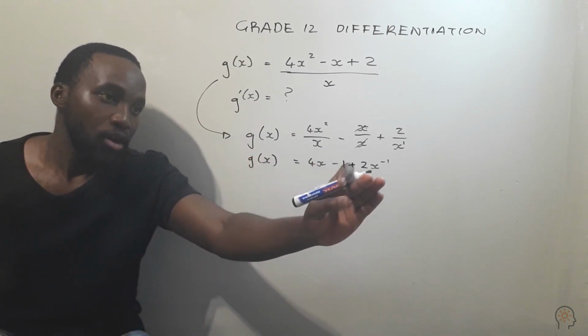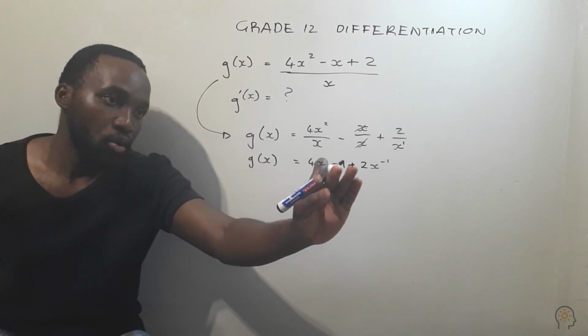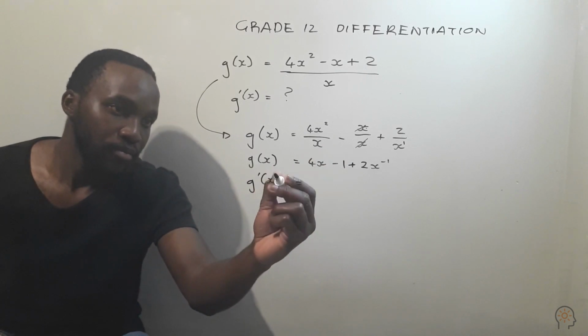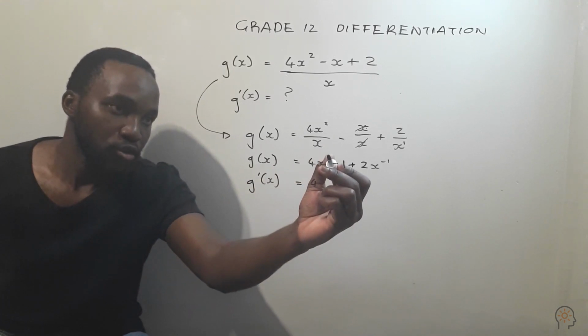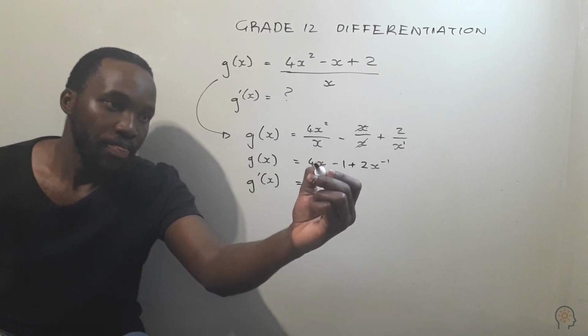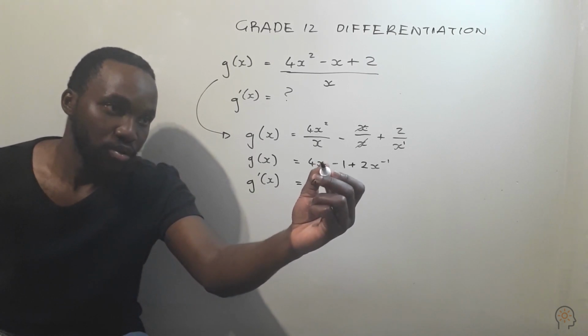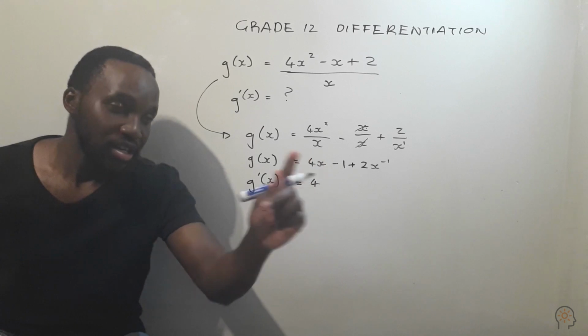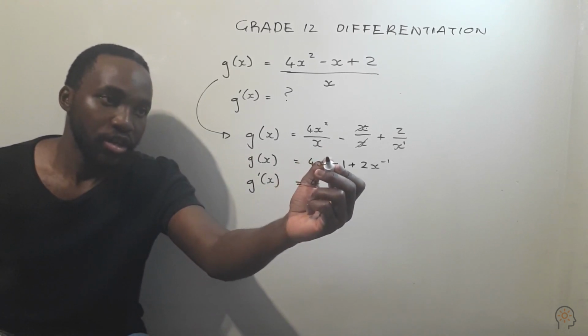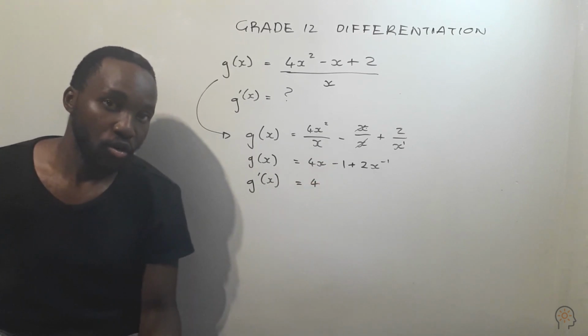So here now, these are all in a format that we can differentiate. For 4x, this is just going to be 4, because 1 multiplied by 4 is just a 4, and then 1 minus 1 is a 0, so the x falls away. So we said already that anytime you differentiate anything where the exponent is a 1, you'll always just be left with the coefficient.